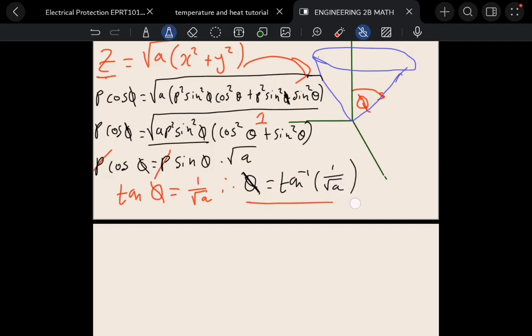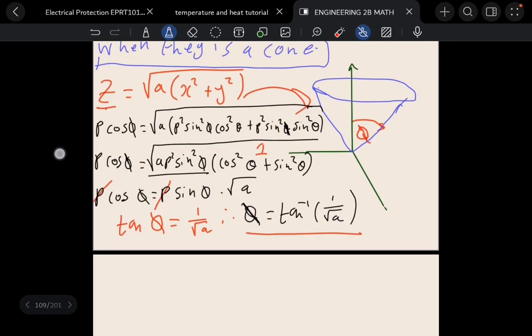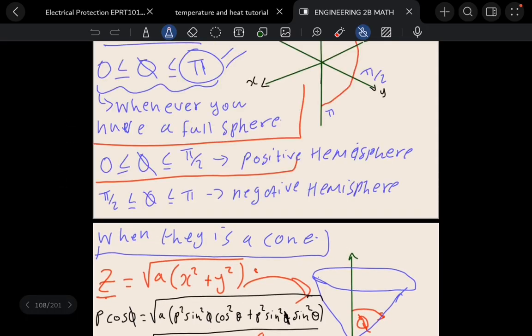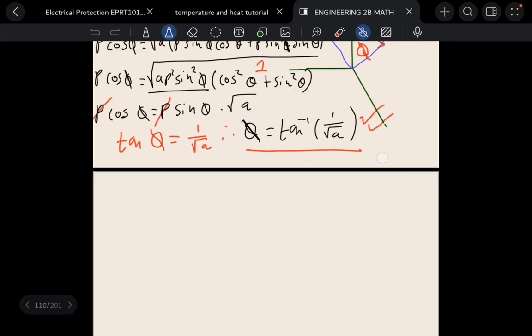So what does this equation mean? It means that whenever you have a positive cone like this, your maximum bound of phi is determined by that equation. Right? So whenever you have a positive cone, your maximum value of phi, the phi value that is going to be here, is determined by that equation.